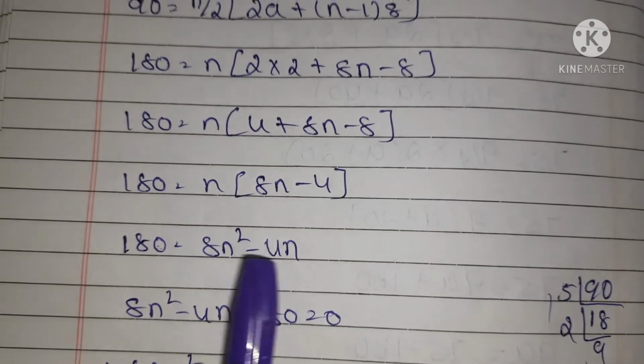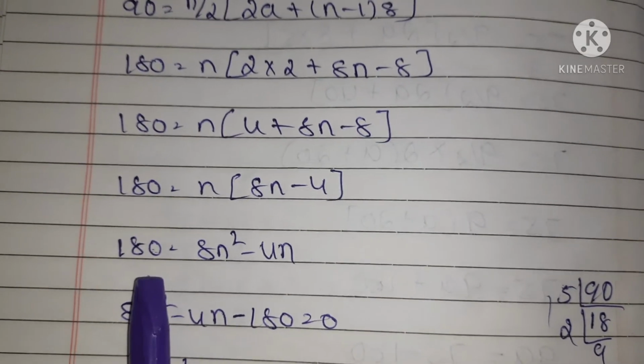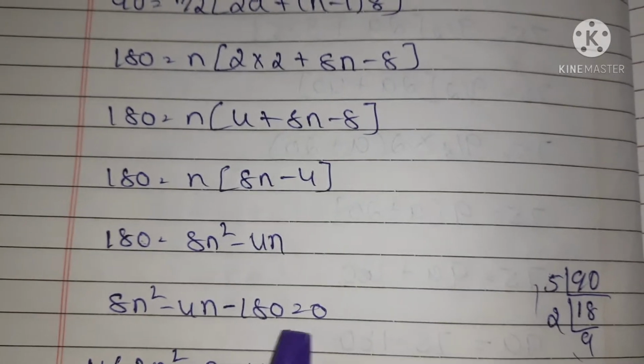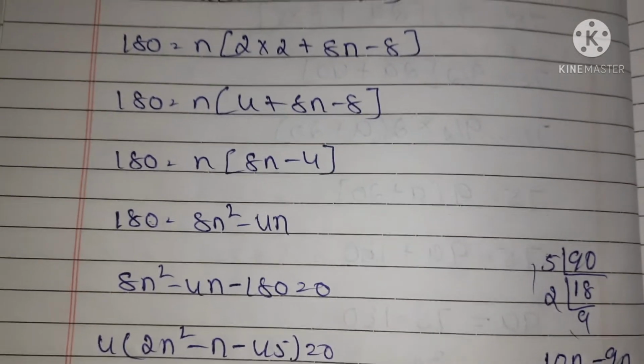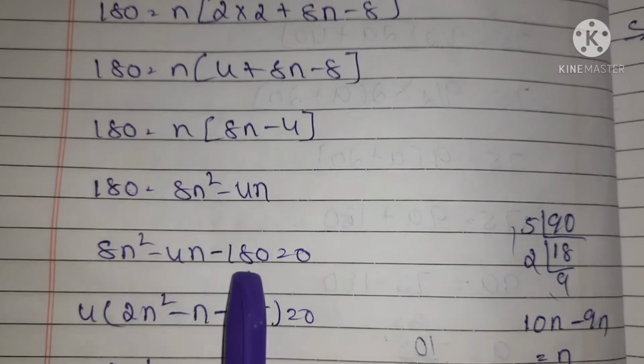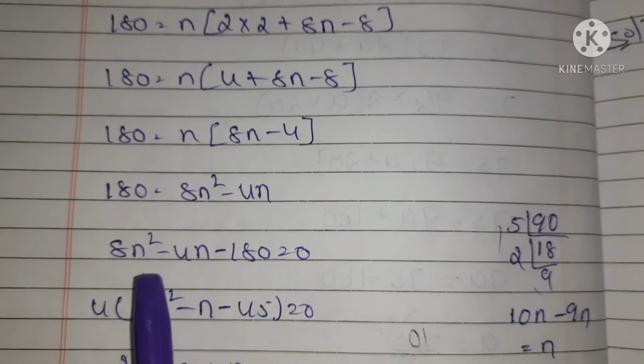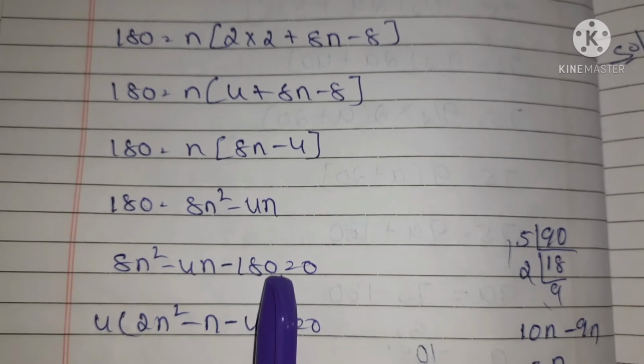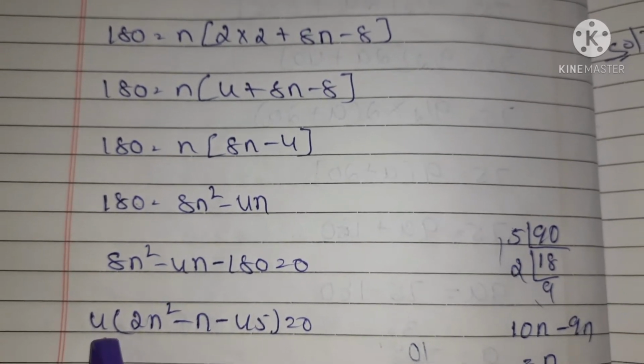Now 8n square minus 4n, this 180 comes to the right hand side, it will be minus 180 is equal to 0. Now find the factors of this equation. 4 is common in this. Now take 4 common.